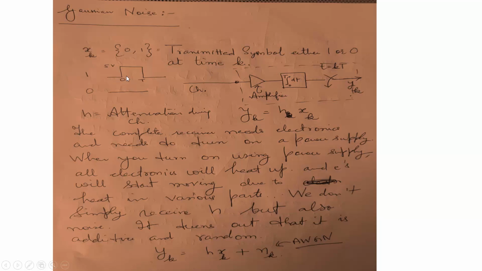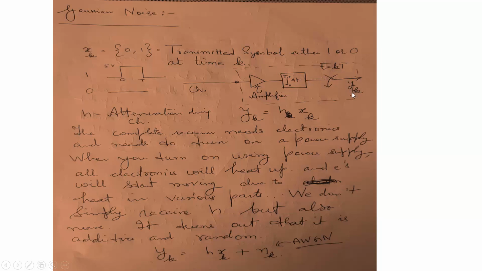So 1 can be represented by, let's say, 5 volts, and no voltage can be represented as 0. Now these bits, in the form of pulse shapes, will be passed on to the channel. At the receiver end, you will have to amplify the signal, then use a correlator or a matched filter, and then sample every capital T seconds.